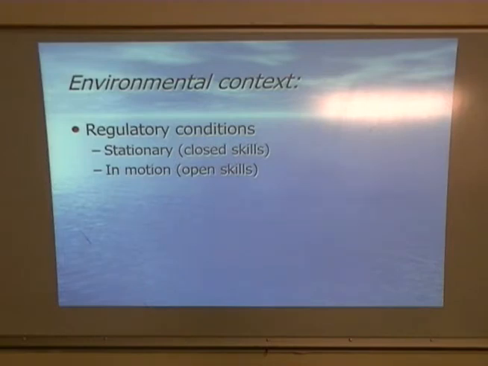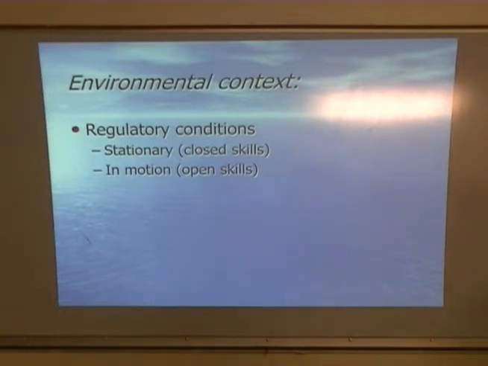So these characteristics of the environment play an impact. Remember our constraints triangle? Our environmental context, what's happening here, interacts with the other constraints to create the emerging movement pattern.